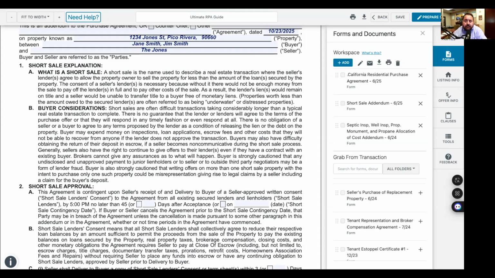So there could be some significant delays for a buyer if the escrow cancels to get their deposit back. Okay, so you have to understand that.